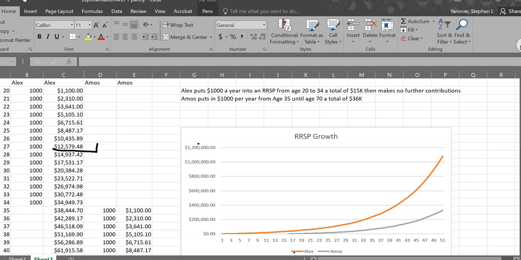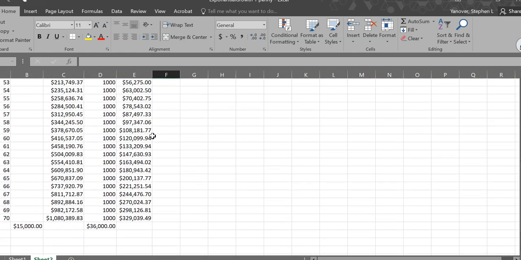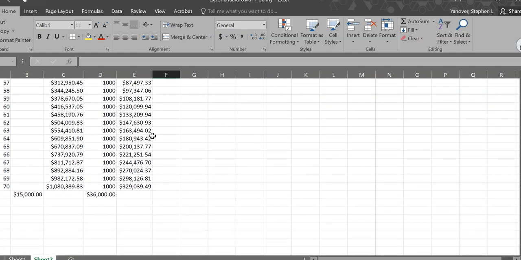Okay, so here's Alex. Started at age 20, put in till age 34, so put in the 15,000. It's getting 10% a year in interest. That's the amount he has. Here's Amos, starts with 1,000 when he's 35 years old. So who has the most money?